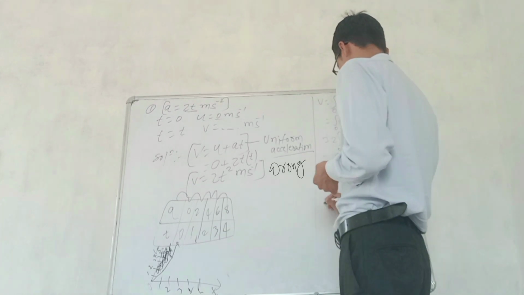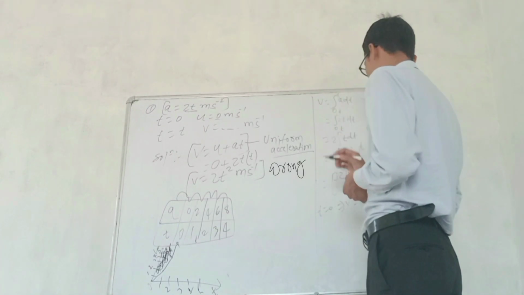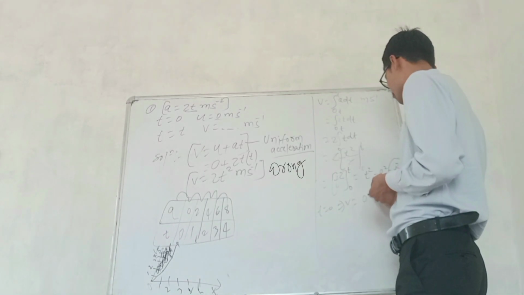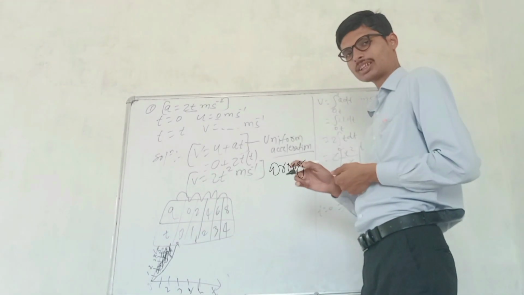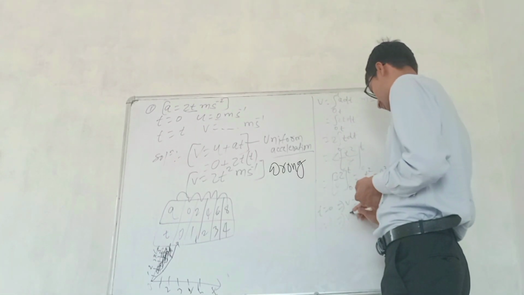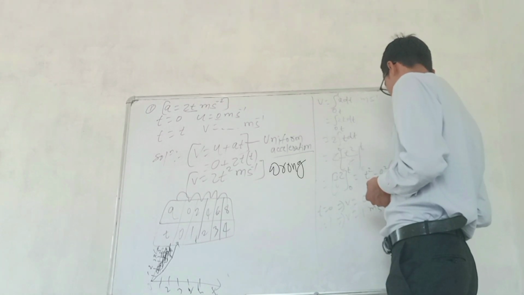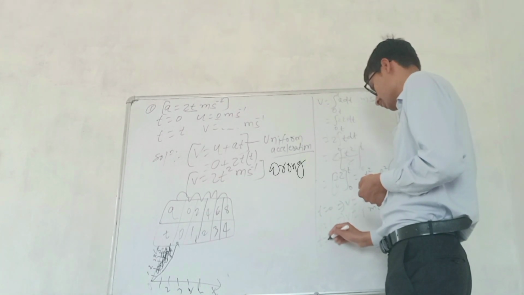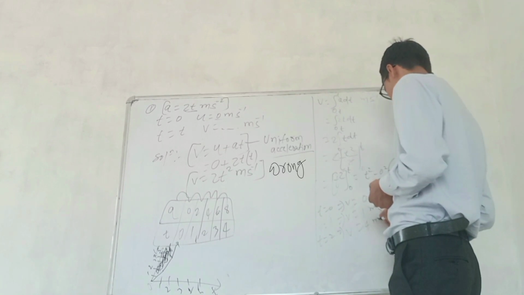So at time equal to 0 seconds, the final velocity will be 0 meters per second, that is, the particle is at rest. If time is 1 second, then the final velocity will be 1 meter per second. If time is 2 seconds, then our final velocity will be 4 meters per second.